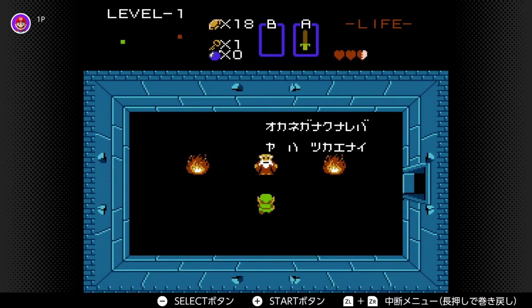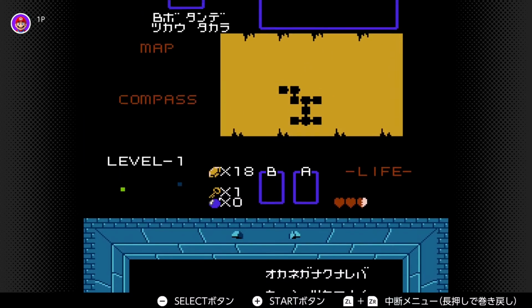ya, wa, ya is the word for arrow. Ha again is pronounced as wa in this case because it's the topic particle. As for the arrows, tsukae nai, from tsukau, which we have seen in the pause menu.